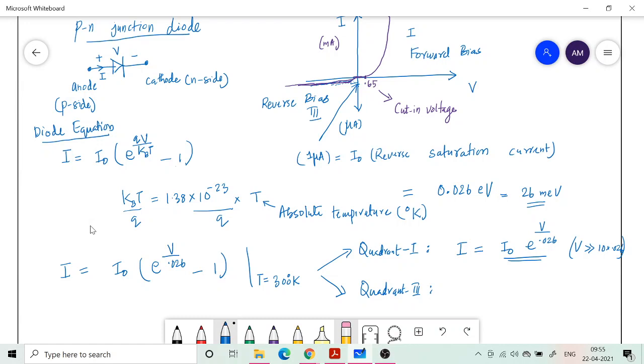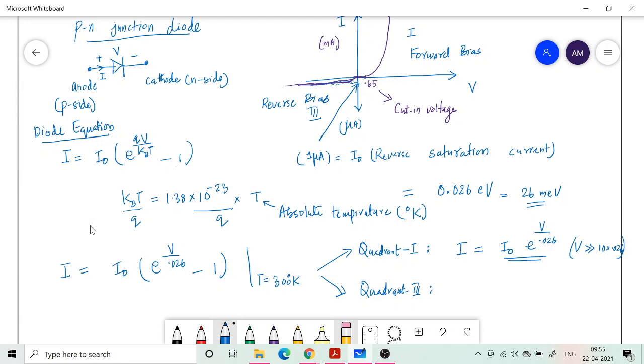If that is the case, there will be a minus sign here, and if you have minus 1 or minus 2 volt, then it will be e raised to minus 10 or something like that, because in this fraction the numerator is negative but the denominator is very small, 0.026. So e raised to minus some big number, e raised to minus 10.